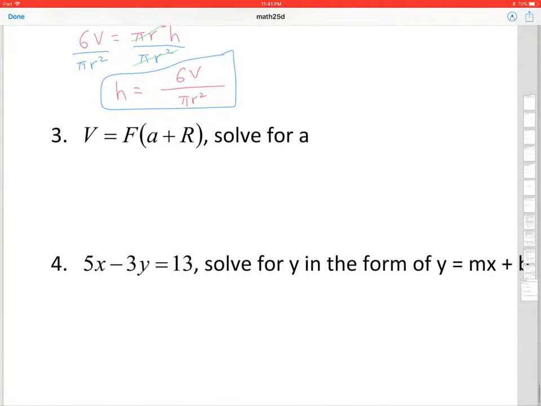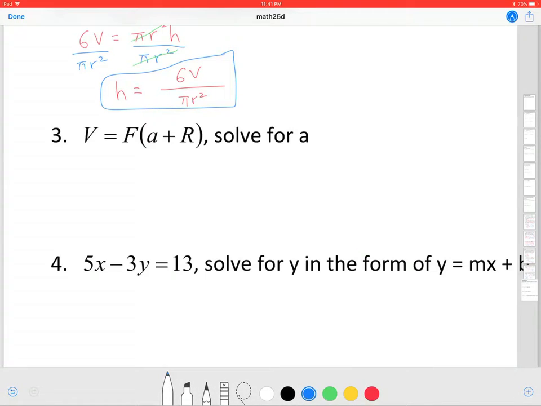Okay, number 3. We have parentheses, and usually when we see parentheses, we want to distribute. If I distribute, v is equal to fa plus fr, which is okay, but that's going to take you longer to finish this problem.